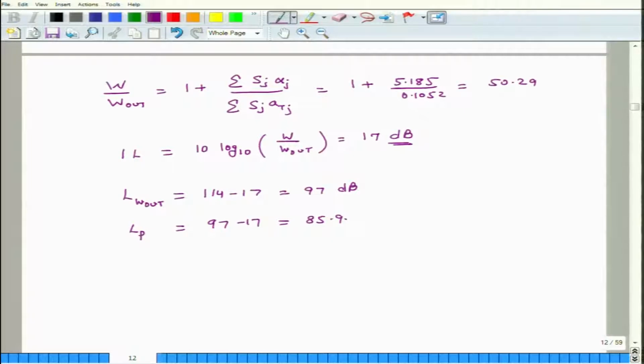So, in this way we can compute all the values for different frequency bands, and then once again compute the overall sound power level and all that good stuff.